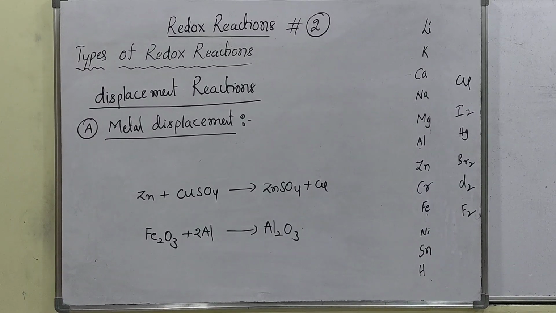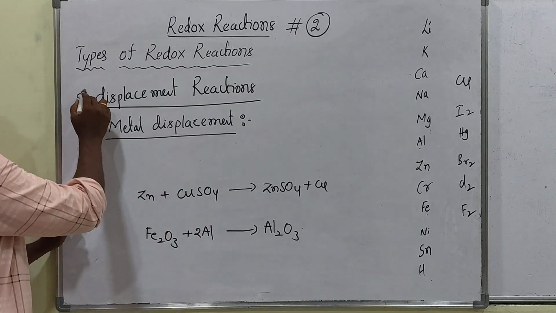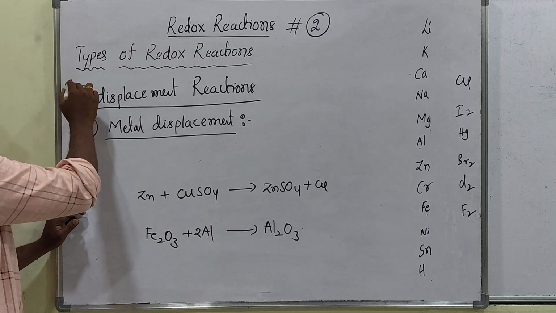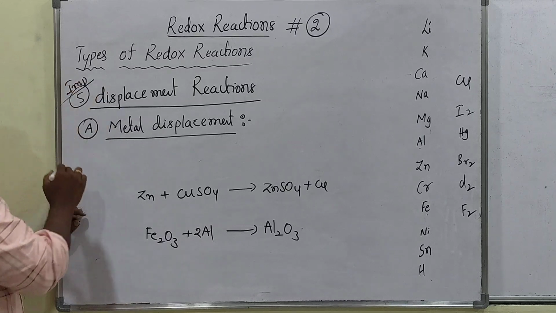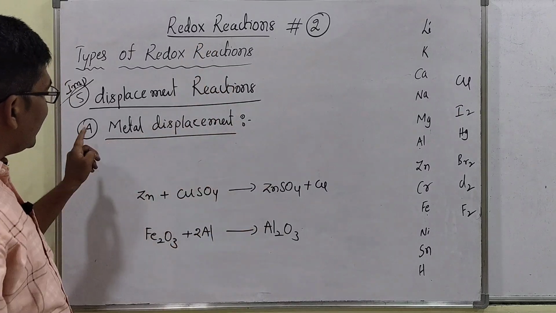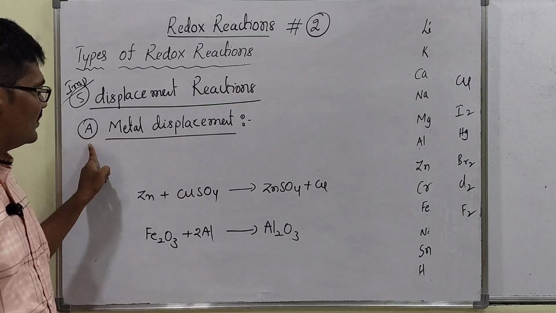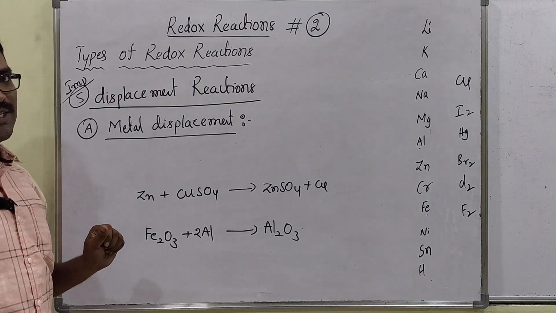Yes, look, my dear students, here. So this is the fifth most important of the redox reactions, very important. Displacement reactions. In that again, metal displacement and non-metal displacement, two types are there. First, metal displacement.